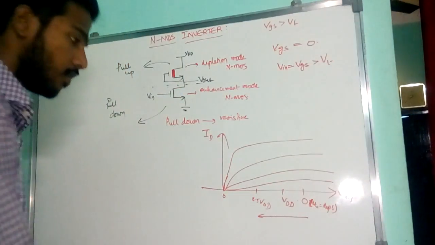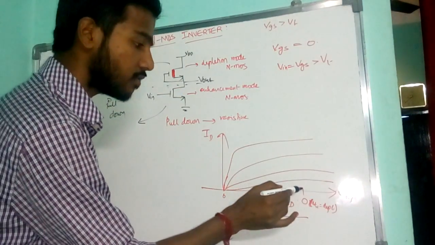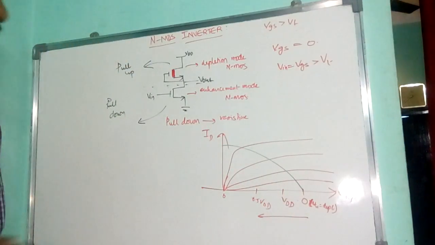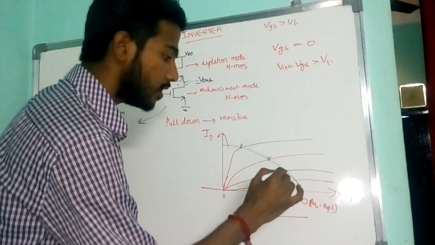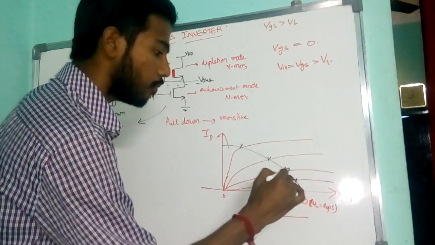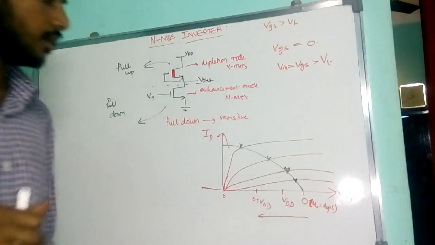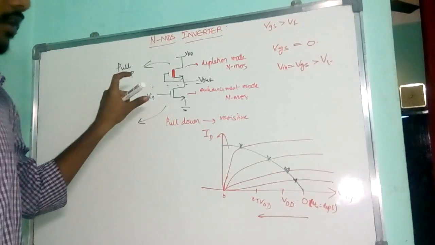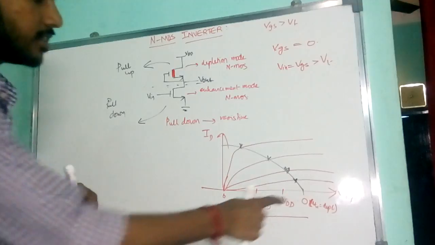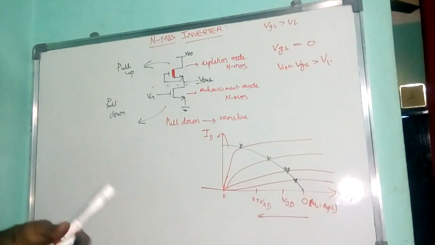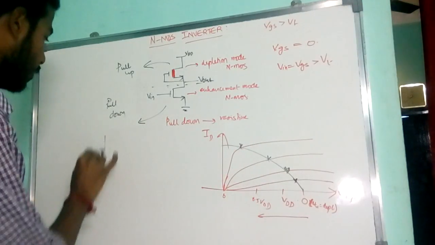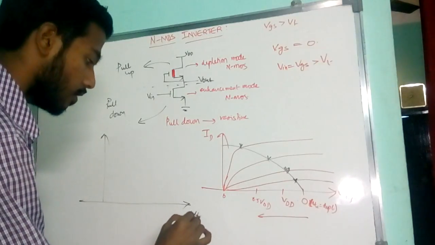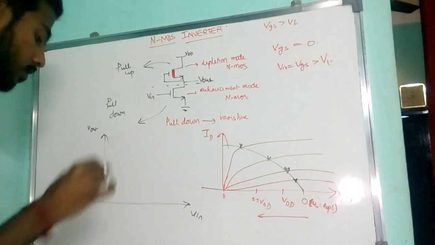When I draw the characteristics of the depletion mode MOSFET, it tends like this, and here I get the intersection points for both these curves. These are the input output characteristics of both the transistors, and these are the intersection points between those curves, and this gives my transfer characteristics with respect to Vin and Vout.